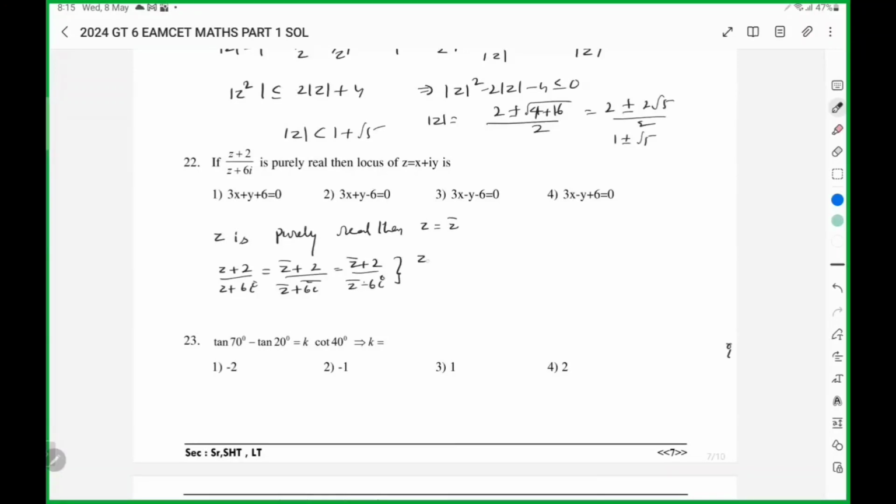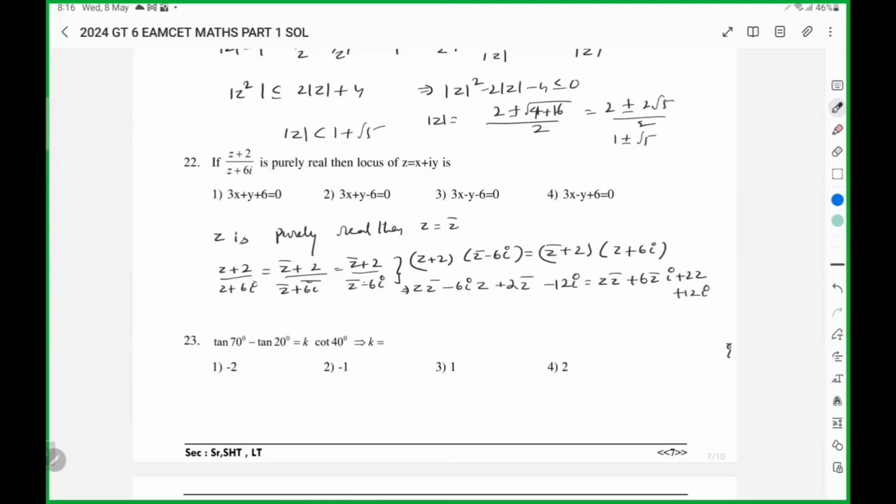So z plus 2 into z bar minus 6i is z bar plus 2 into z plus 6i. z bar minus 6iz minus 12i is z bar z plus 6z bar i plus 2z plus 12i.